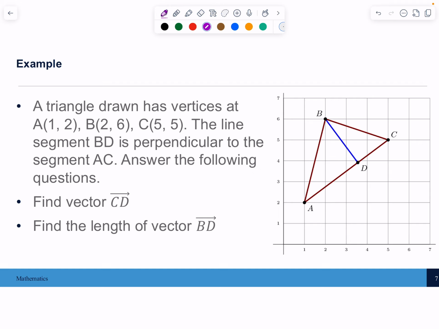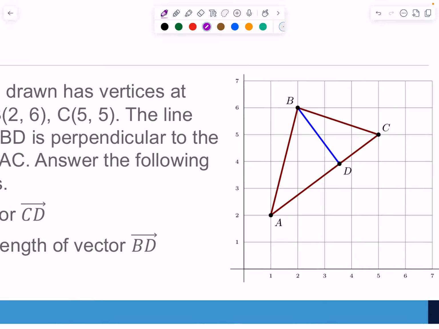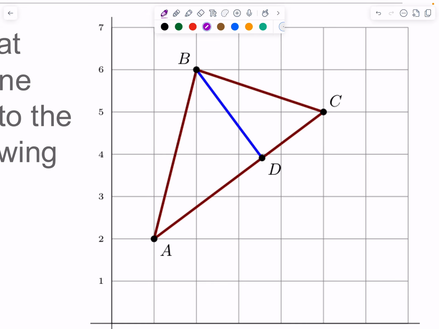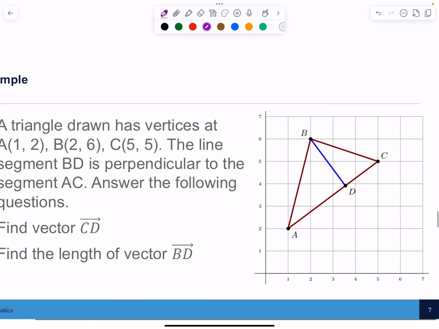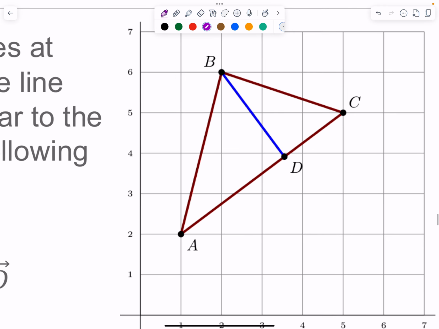I want to find the vector CD. I've given you some information here. I've got this nice diagram. This is on your worksheet. Let's see which one we're doing here. Oh, vector CD.